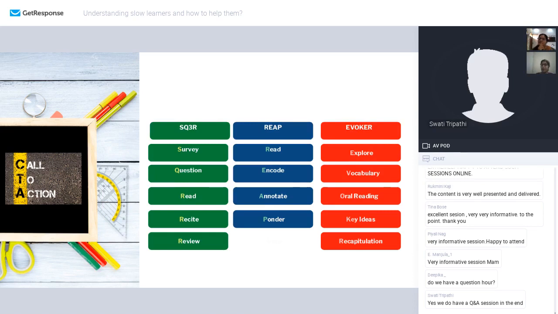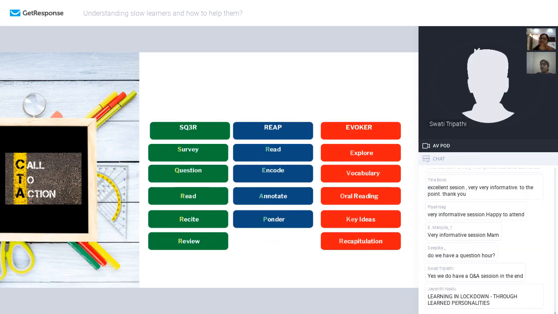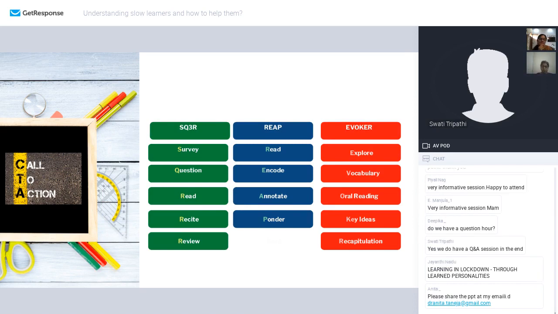And then at the end of it, try to write a summary of whatever you have understood. In the review part, you read the relevant parts again, then go through your notes and questions again and pay extra attention to the difficult parts.